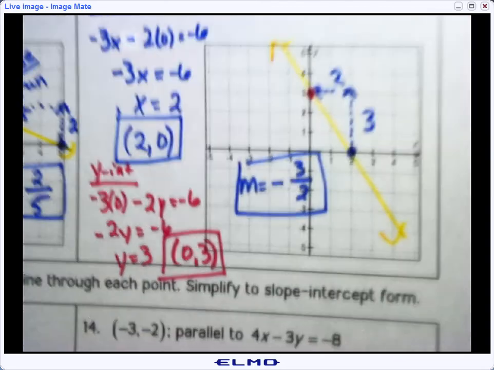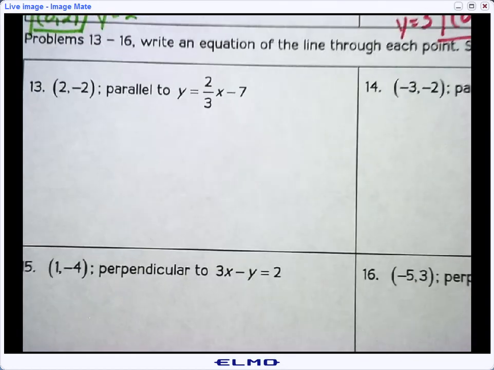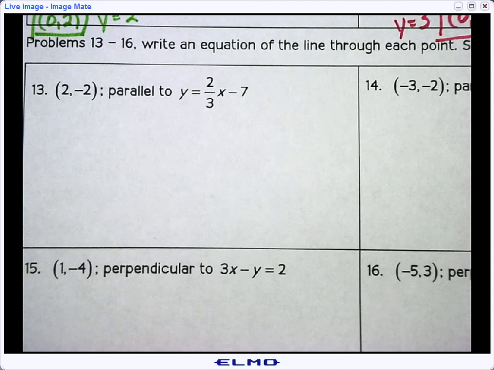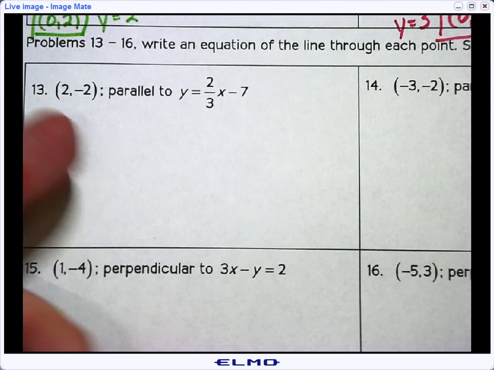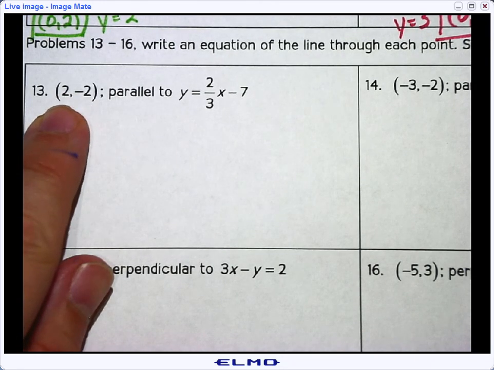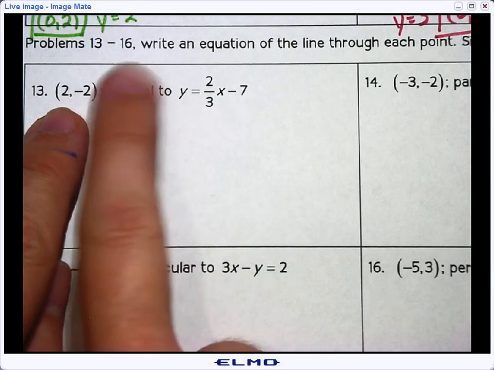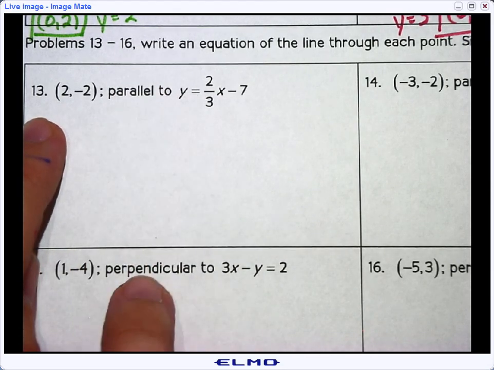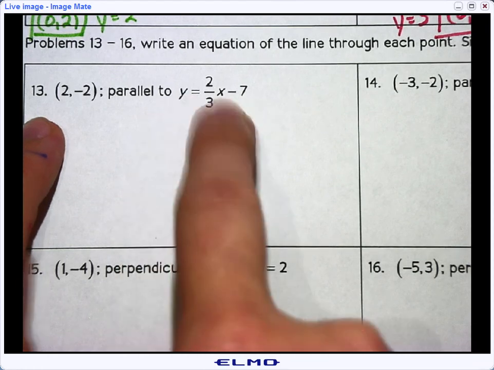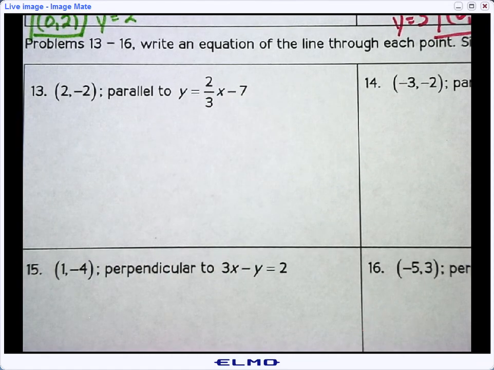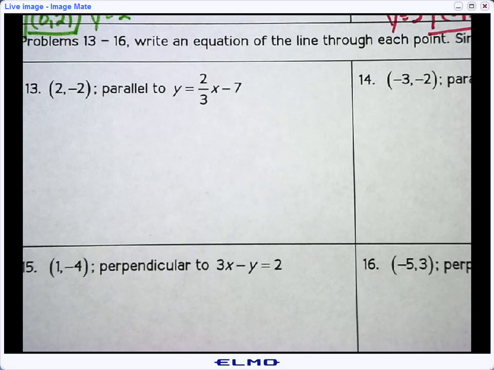Okay, number 13. So now they're wanting me to write the equation of a line through the specified point, with some added conditions that it must be parallel or perpendicular, depending on the case, to another line. So what we're going to do first is figure out what's the slope I'm supposed to be using.